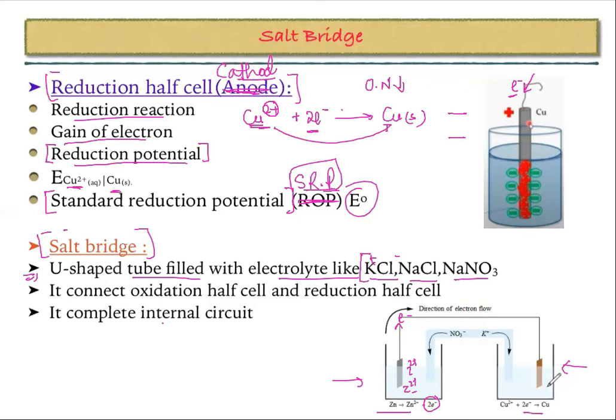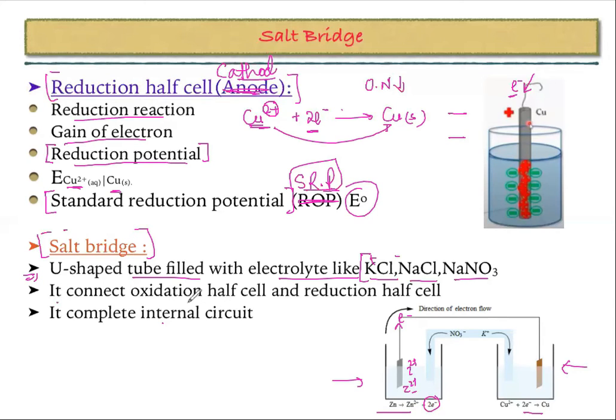Similarly, here plenty of copper is there. When the reaction takes place, Cu2+ is present in plenty amount, and the potassium is going to balance the electrical neutrality on the right hand side, or cathode.